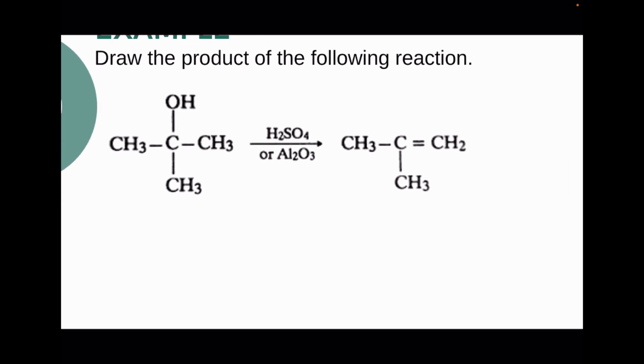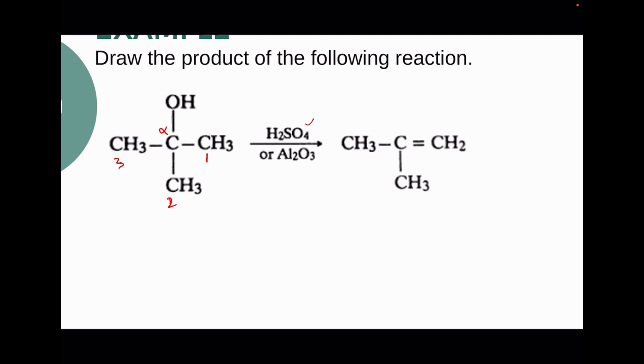If you look at the first compound, 2-methyl-2-propanol, the first step is to label the carbon bonded to the hydroxyl group as the alpha carbon. The adjacent carbons are the possible carbons that can form the C=C double bond. When it reacts with sulfuric acid, one of them can form the C=C double bond.